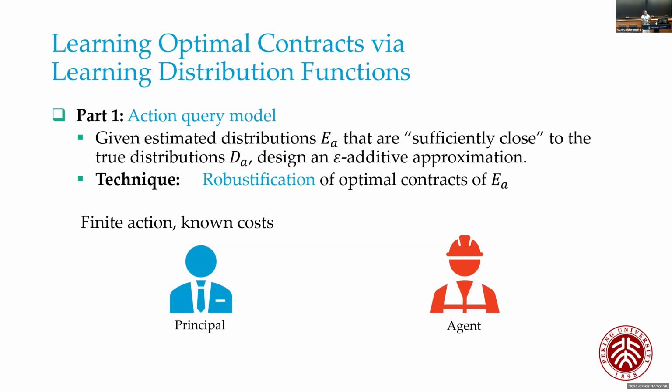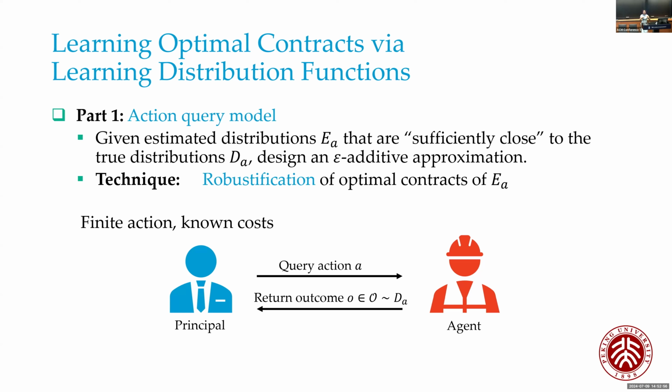we assume that the principal knows there are a finite number of actions, and the principal knows the cost of each action. And the principal will query an action A, and the agent will just return the outcome, which is a sample from the distribution DA. And in this part, we can actually build estimated distributions EA that are sufficiently close to the true distributions, right?